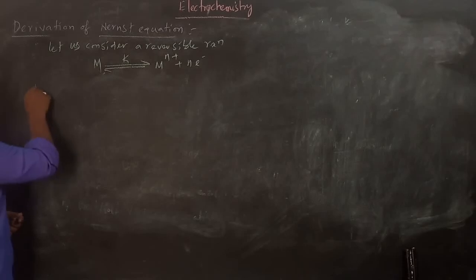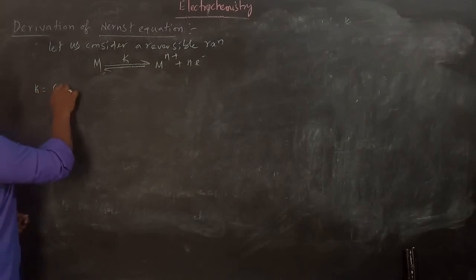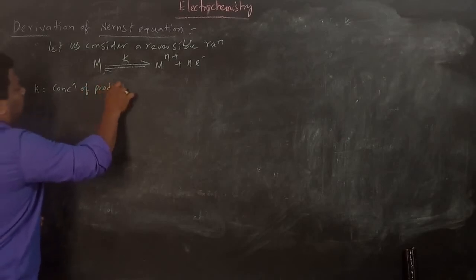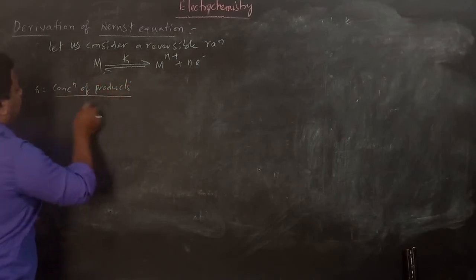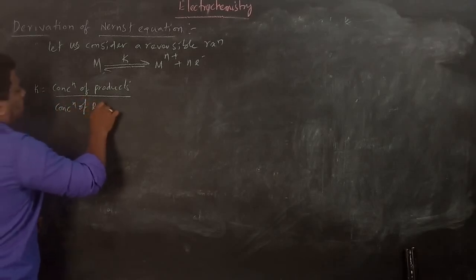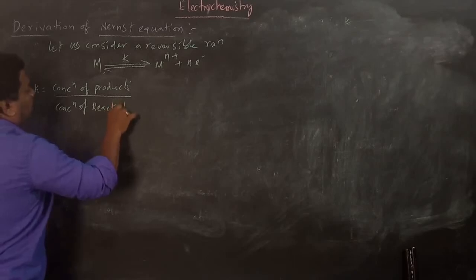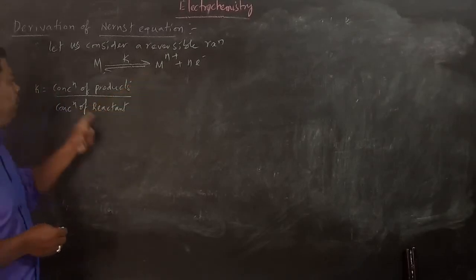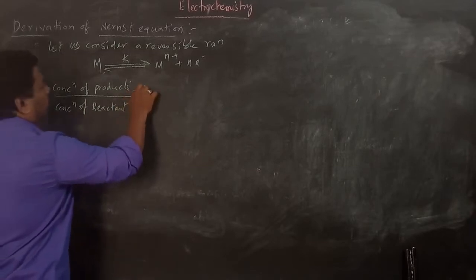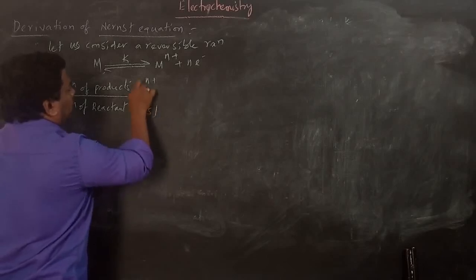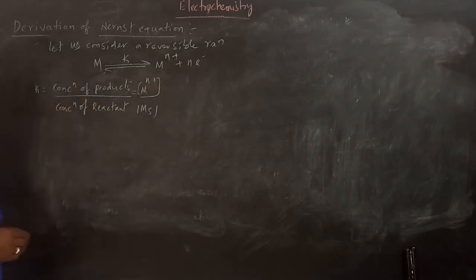So K is equal to the concentration of products divided by the concentration of reactant, that is M^n+ by M. So this is the equilibrium constant K.